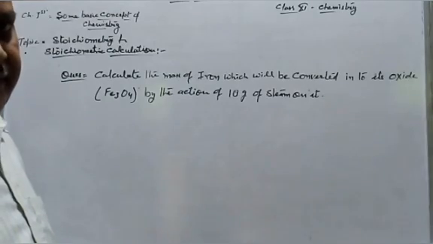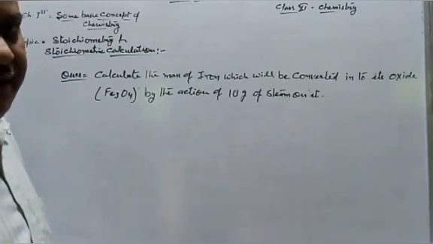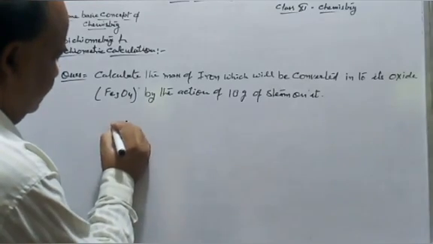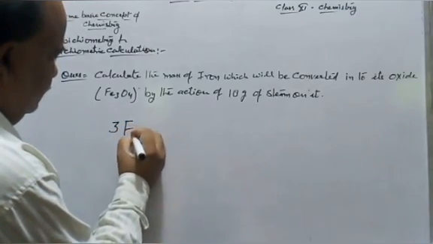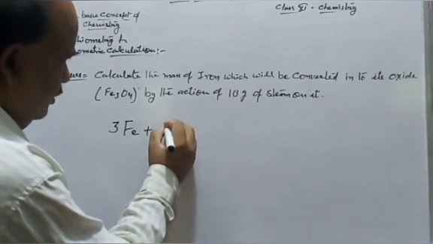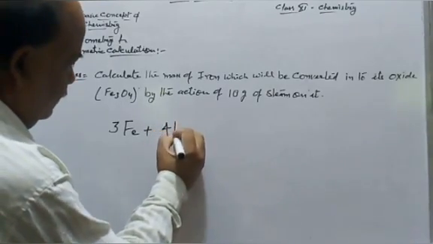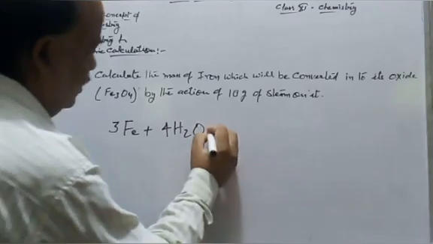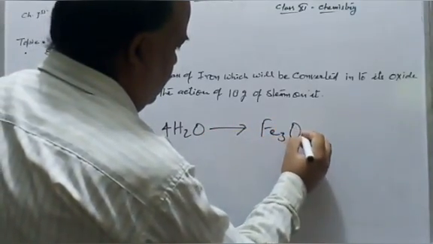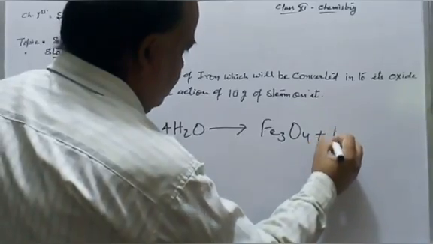First of all, we will write the balanced chemical equation. 3Fe plus 4H2O gives Fe3O4 plus 4H2.